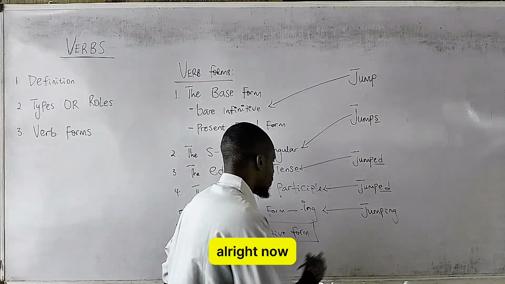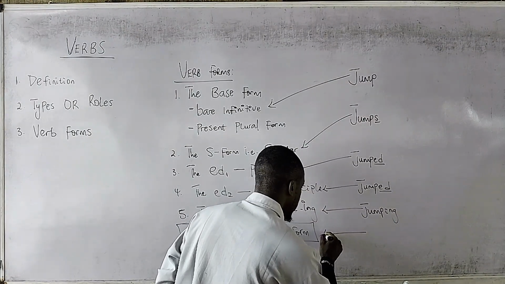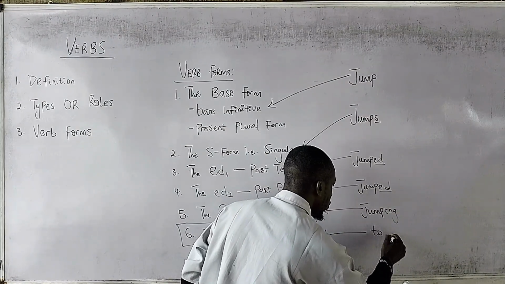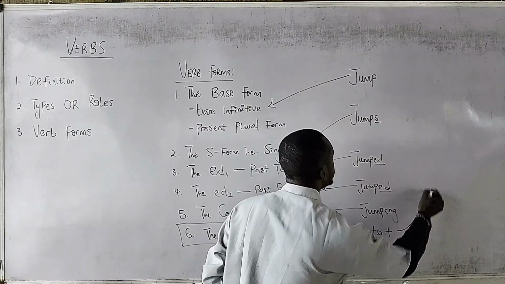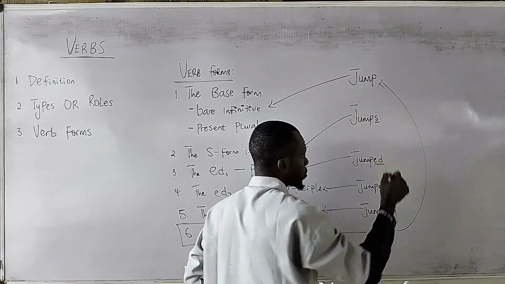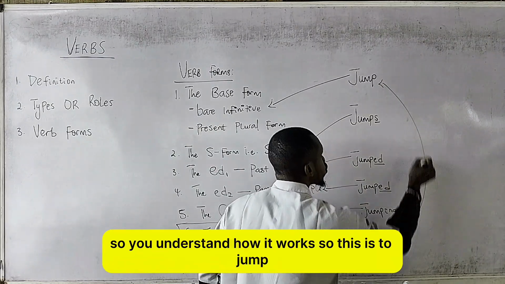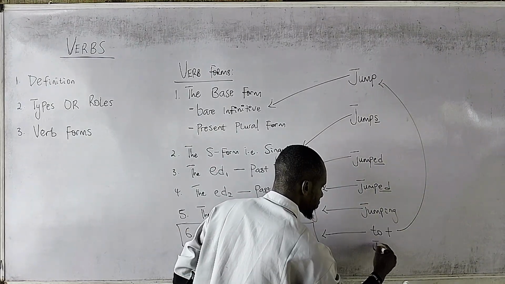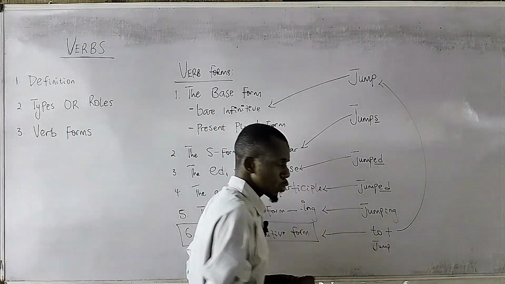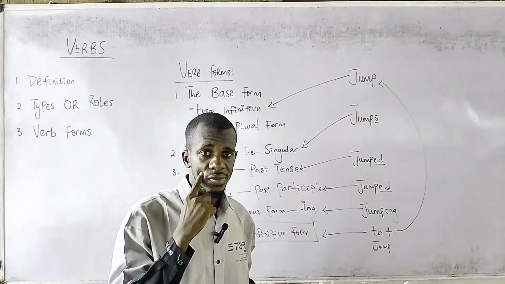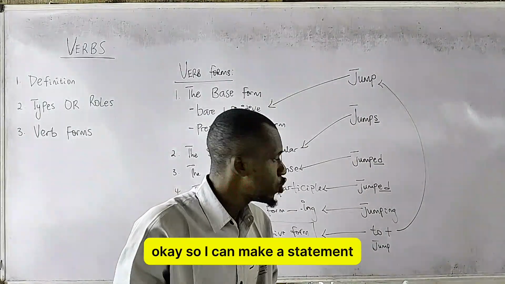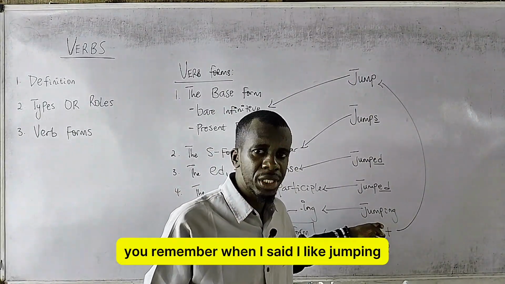Now, the to infinitive form is simply to plus the bare infinitive. Permit me to draw that arrow so you understand how it works. So this is to jump. So I can make a statement. You remember where I said, I like jumping?